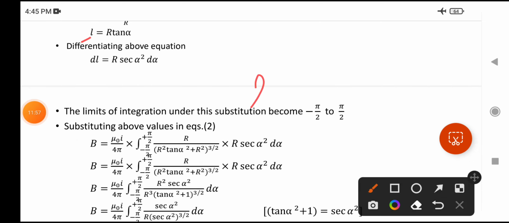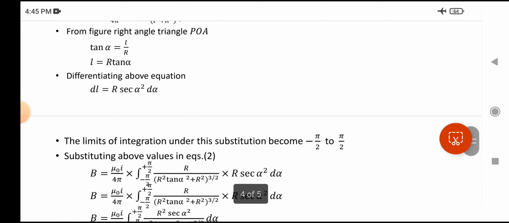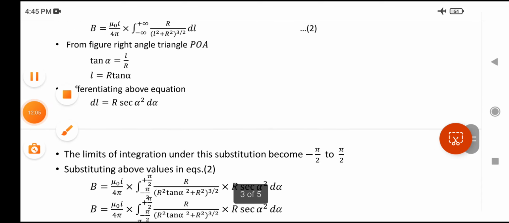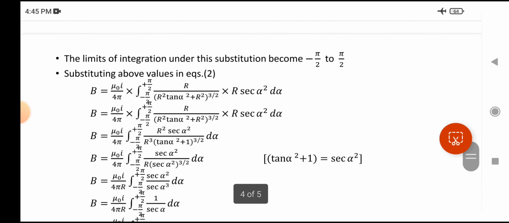L is equal to R tan alpha. See equation 2, the L value is there. In the L value, substitute this value, and R square is written as it is. In the place of L, it is substituted. So L square is R square tan square alpha.